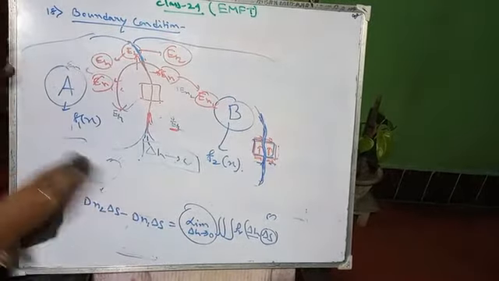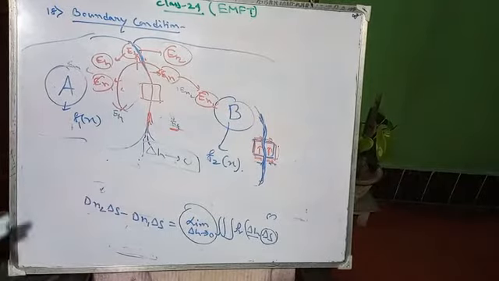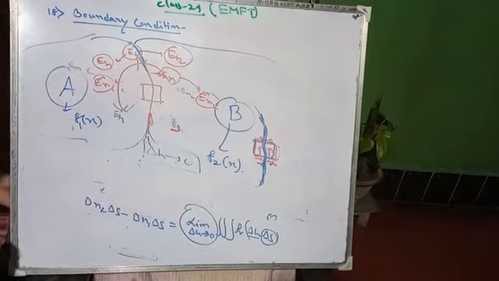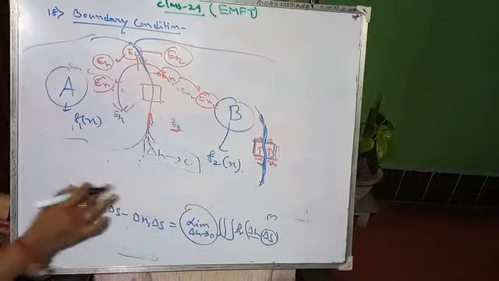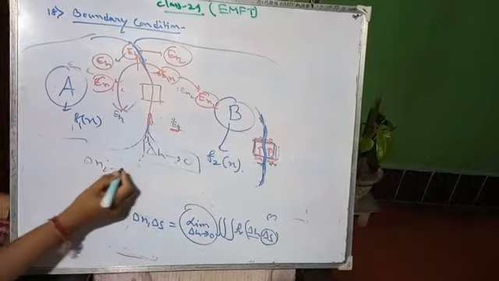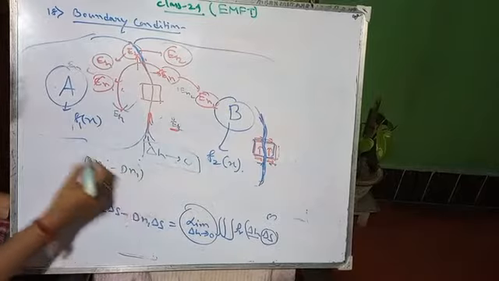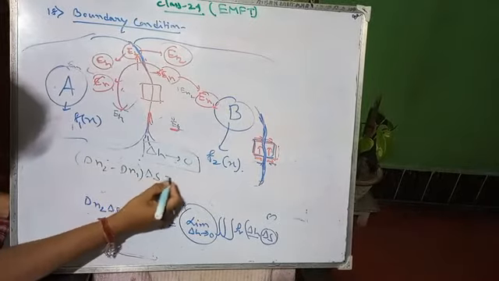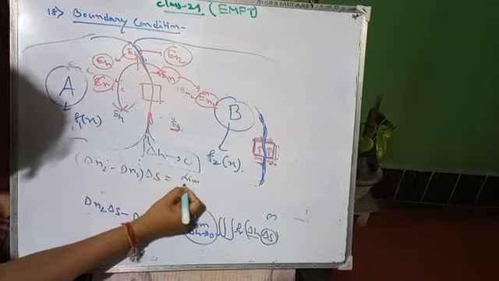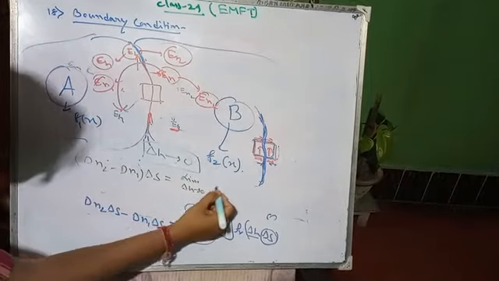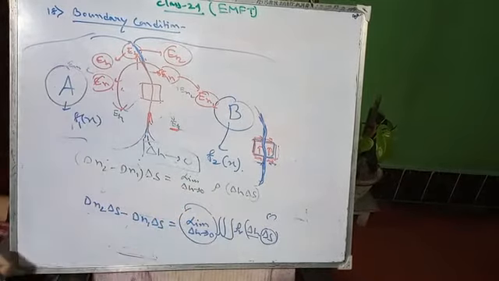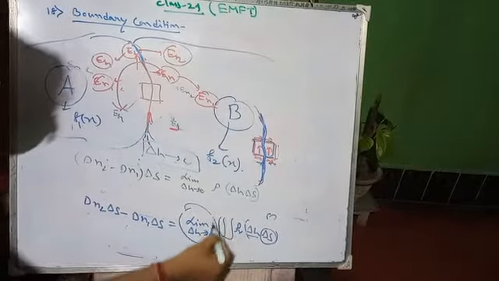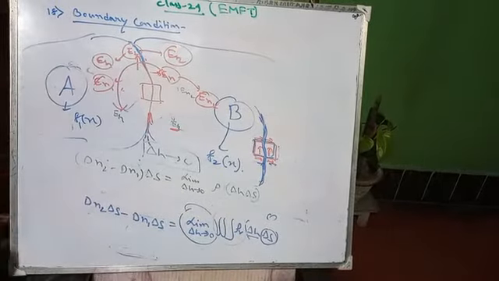Ultimately, if we apply this, you can get Dn2 minus Dn1 over the surface del S equals limit del H tends to 0 of rho into del H into del S. That means the triple integration of rho v will produce a vector rho.